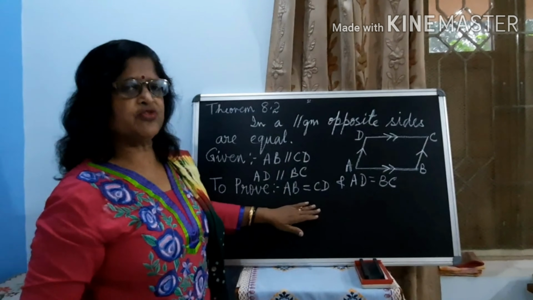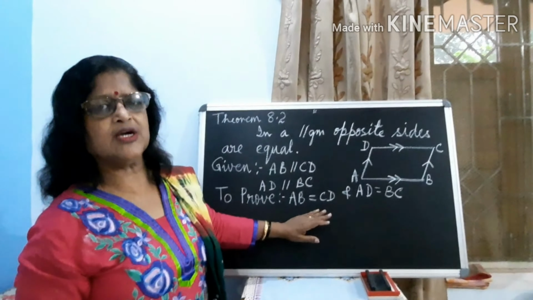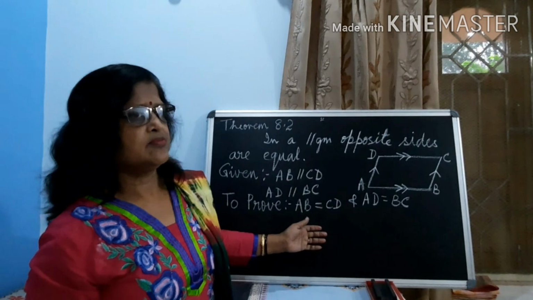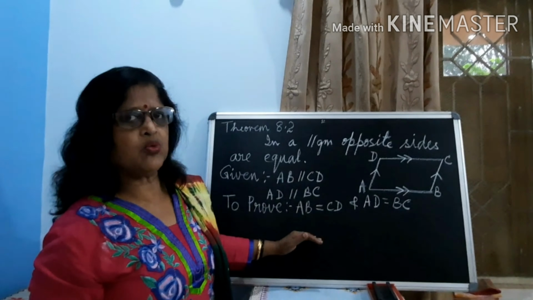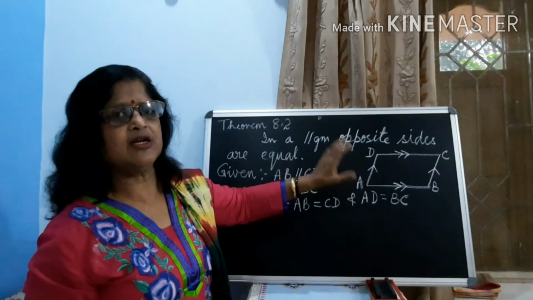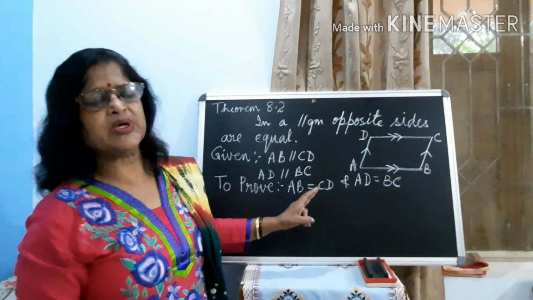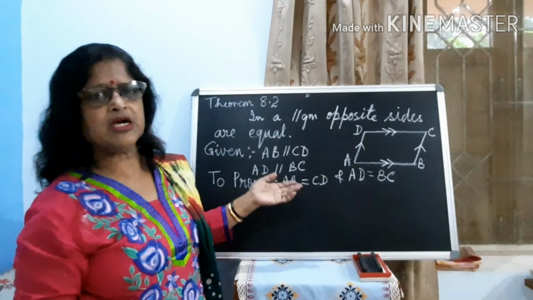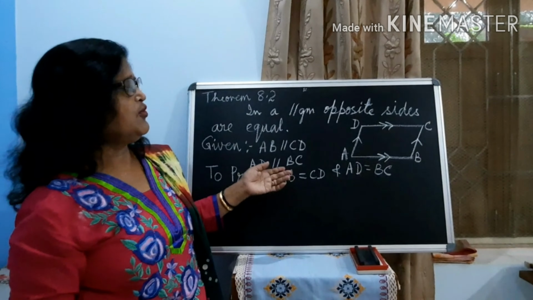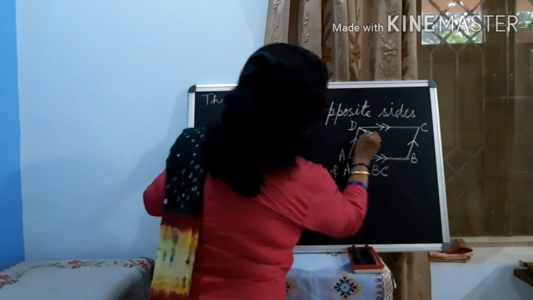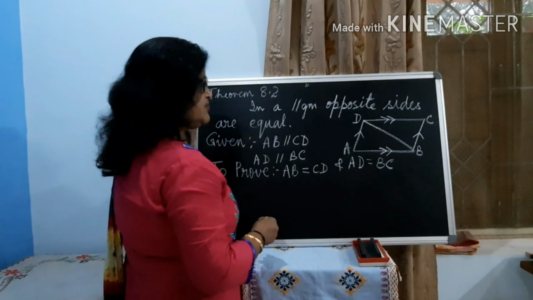If we want to prove this, we have to draw some constructions. Why? To prove they are equal within this quadrilateral parallelogram, we have to create two triangles where we have to show them to be congruent triangles. For that, let me join the pair of opposite ends to get the diagonal.